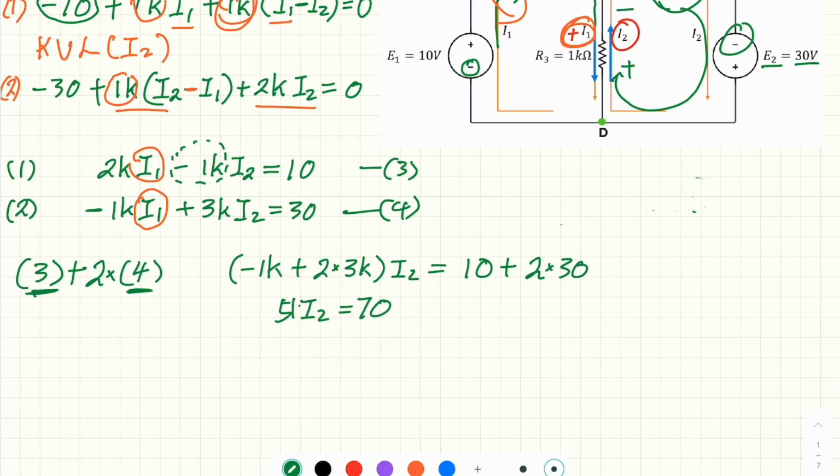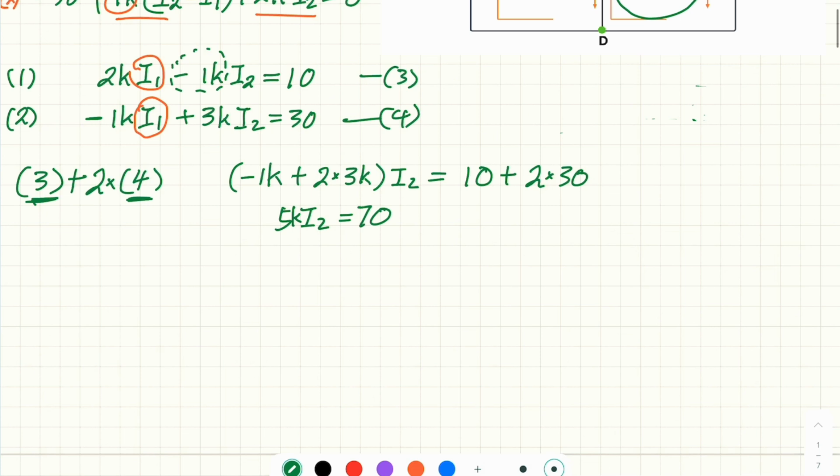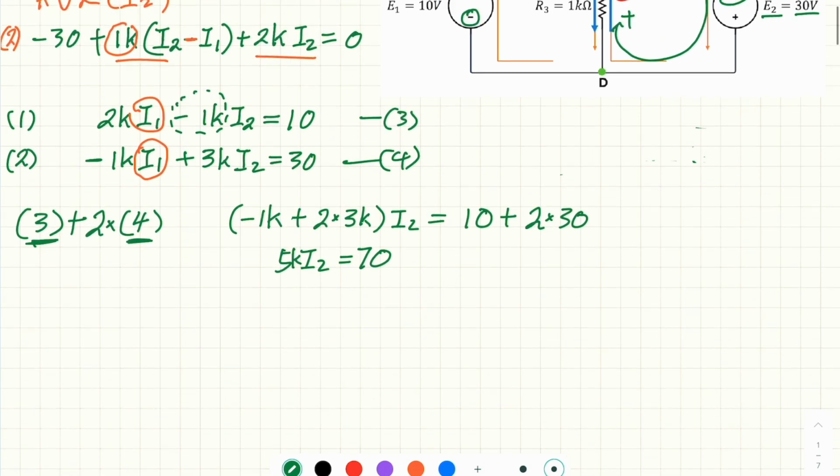Don't forget the K. Now, what's I2? I2 now becomes 70 over 5K. Now we can look at the K here. Remember, what is K? K is a prefix. It just means 10 to the power 3.